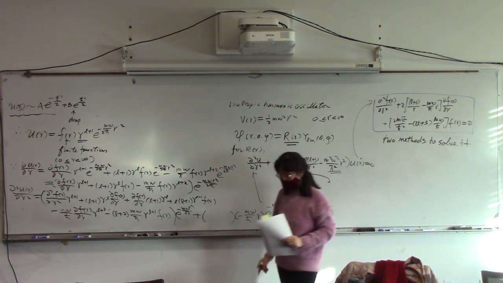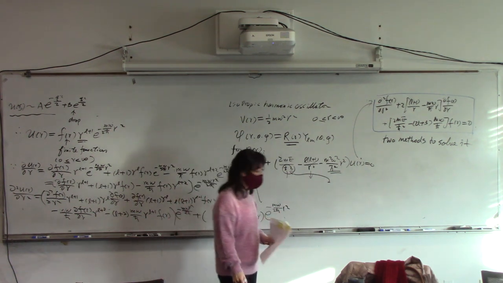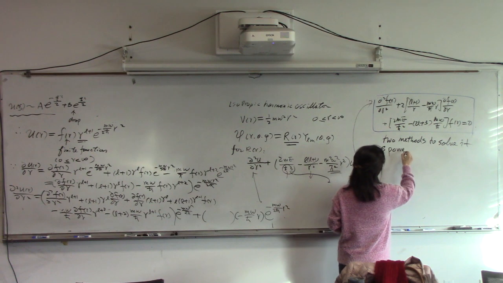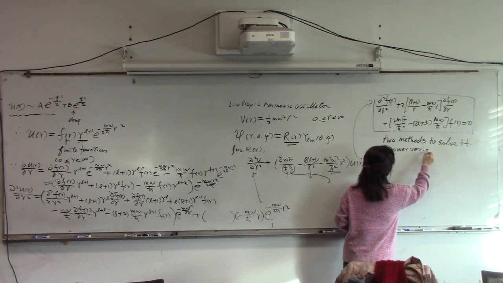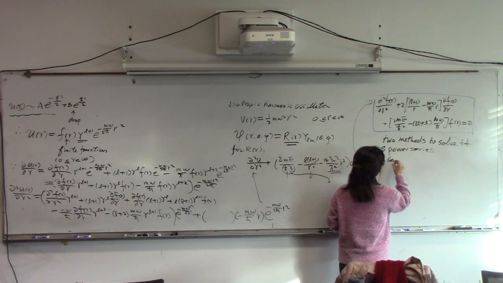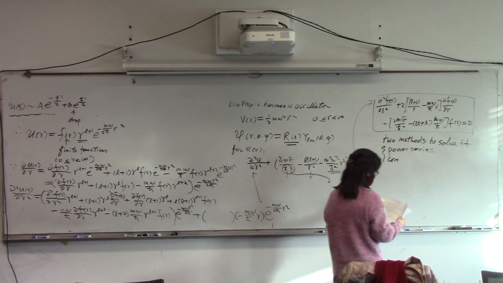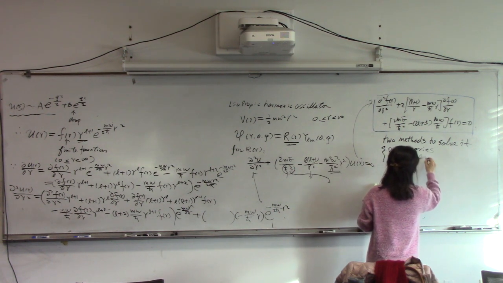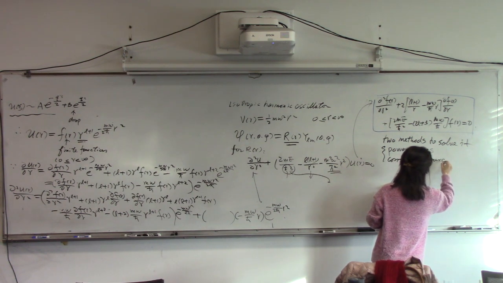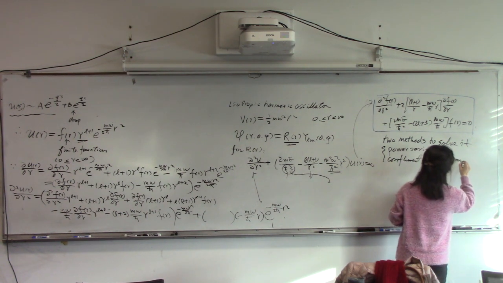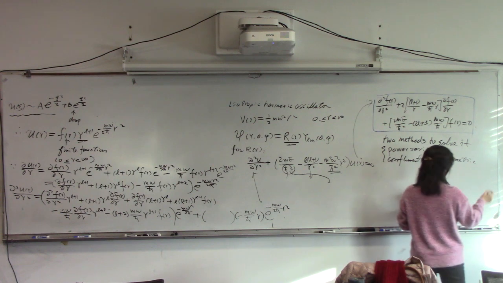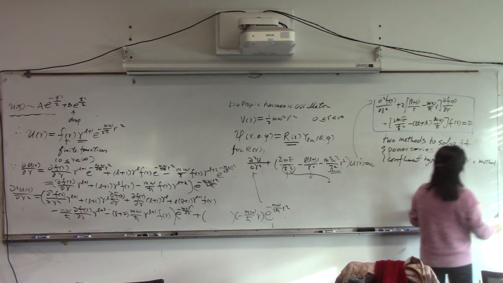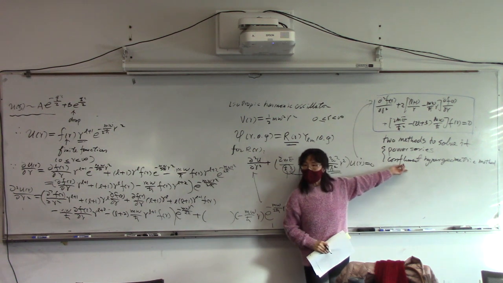The textbook only takes the power series method. I'm going to also include the confluent hypergeometric method. This you already know, right?